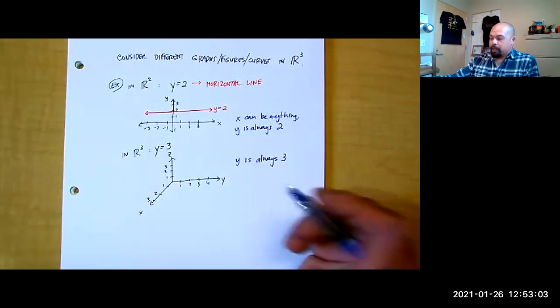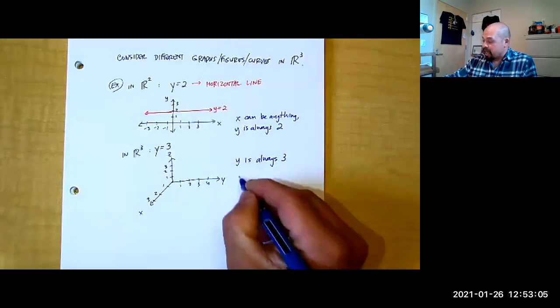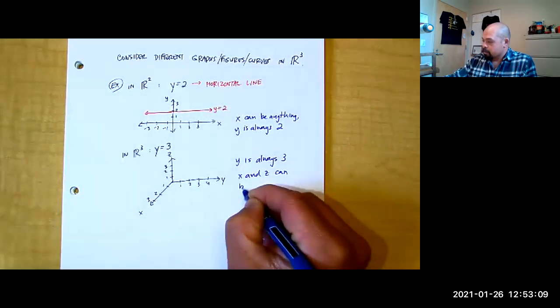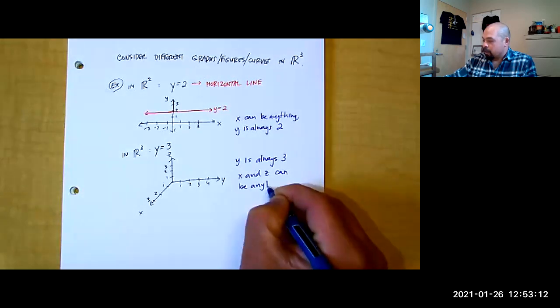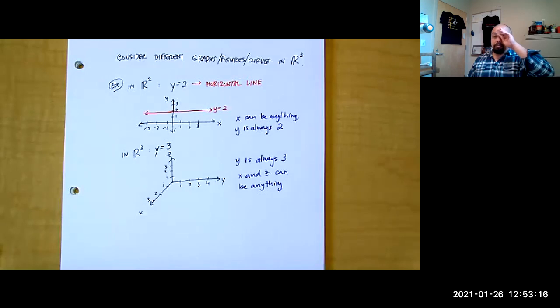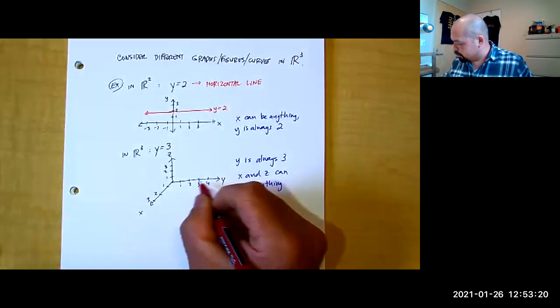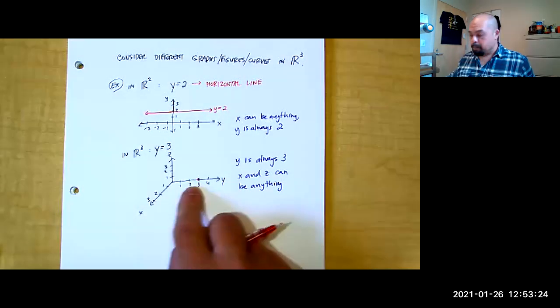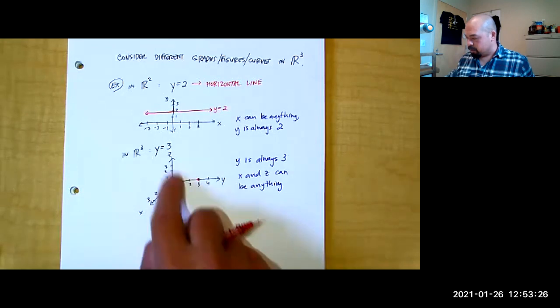But it doesn't give us any mention of what x and z need to do. So in this case, x and z can be anything, any value. So we could start off by plotting points. I can let y equal 3, but in this case x is 0, z is 0.